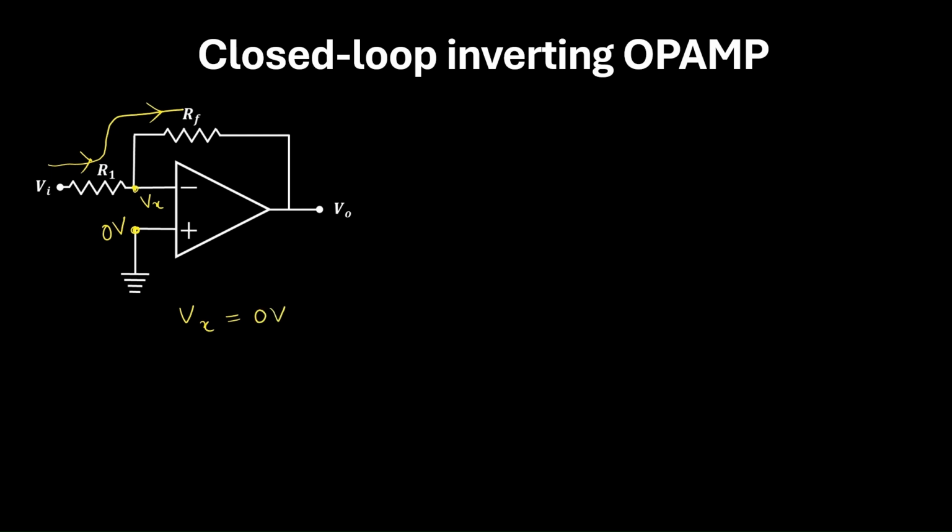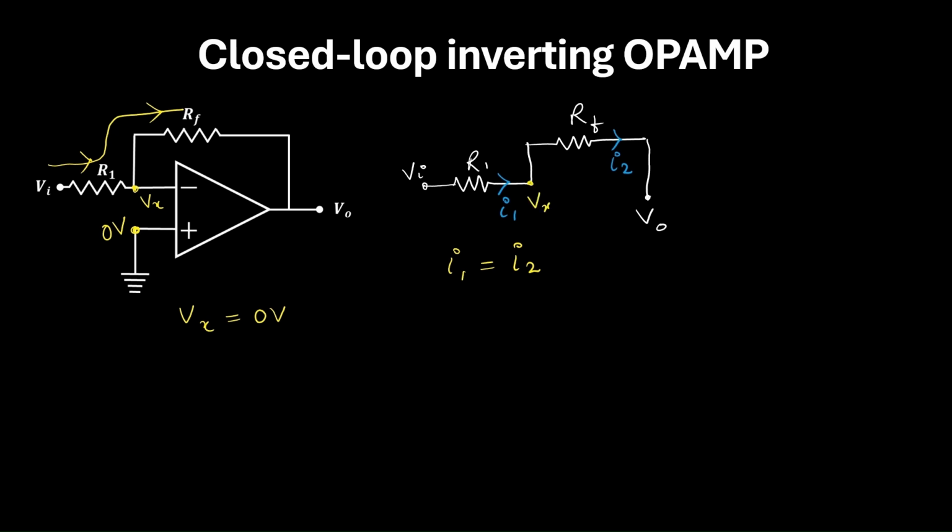Now let me redraw this diagram here. So you have V input here, R1, then RF here, and this is connected to V naught. So if this is I1 and this is I2, then I can write I1 is equal to I2 and this voltage is Vx. So I1 you can express as (Vi minus Vx) by R1.